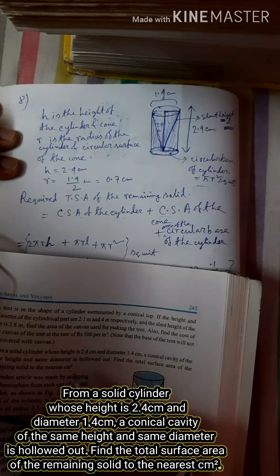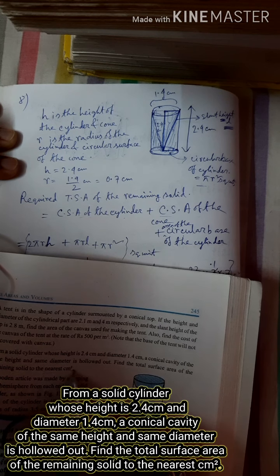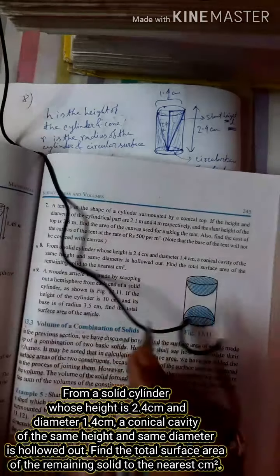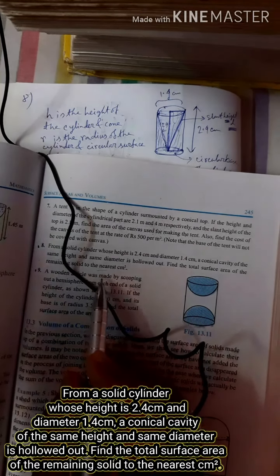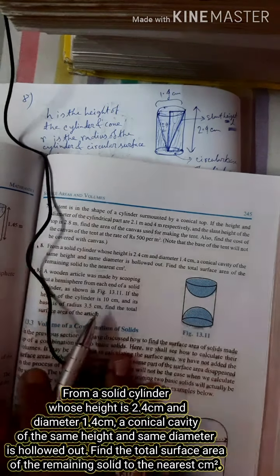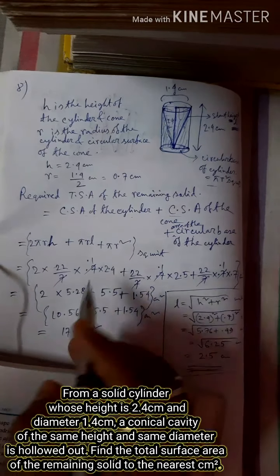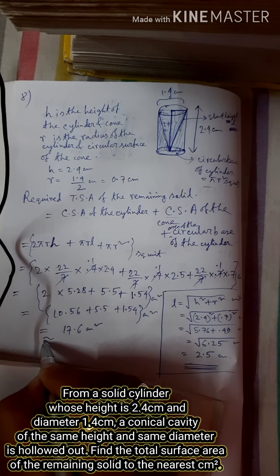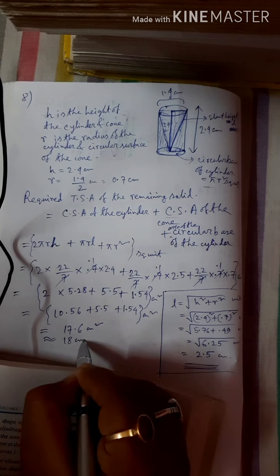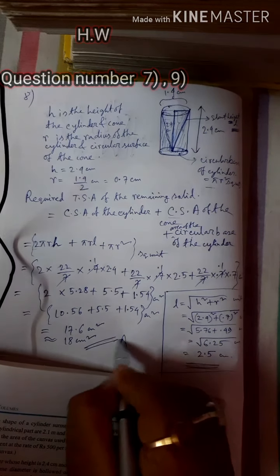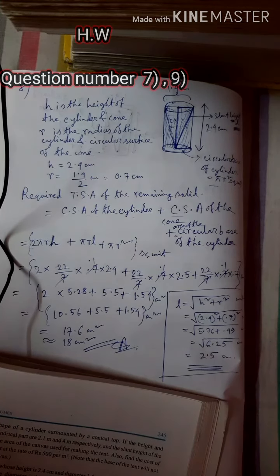It is given that I have to calculate in nearest centimeter square, right? So the nearest, that is approximate value here, will be 18 centimeter square. This is the required area of the remaining solid.